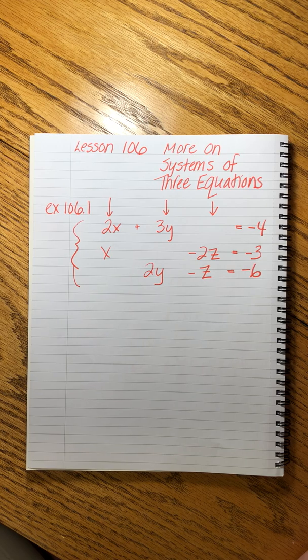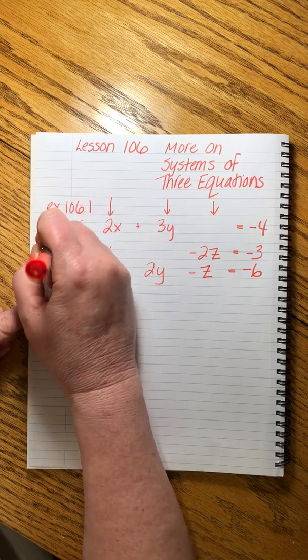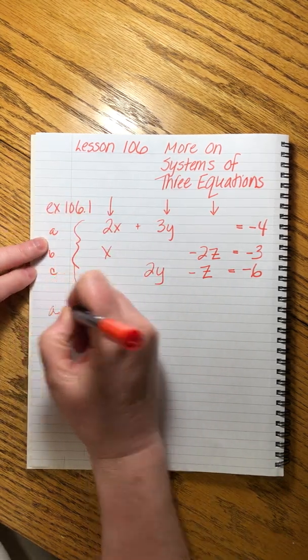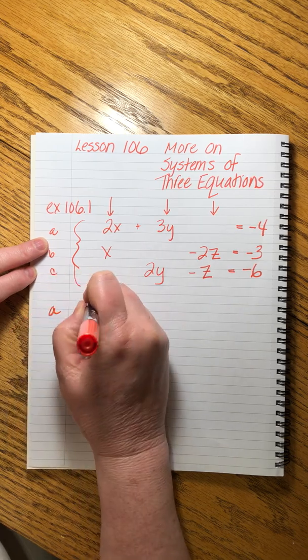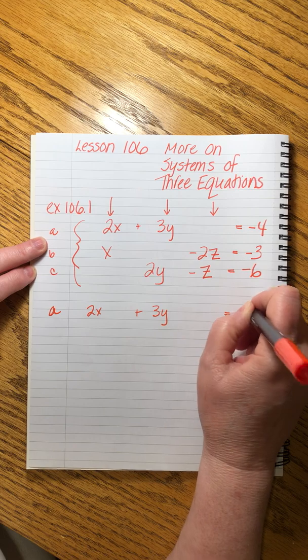So what are we going to do about this? What we want to do is pick any two of the variables and eliminate one of them. I am going to take equation A, which is 2x plus 3y equals minus 4.